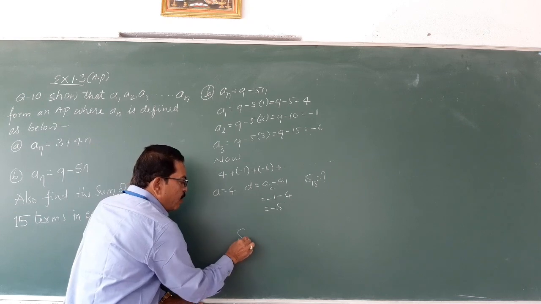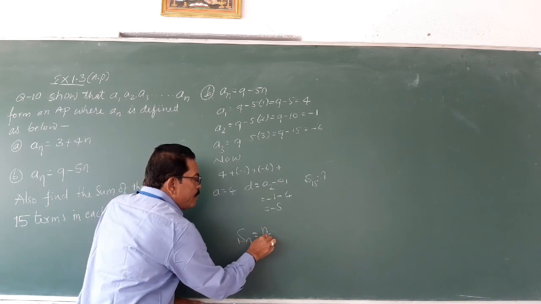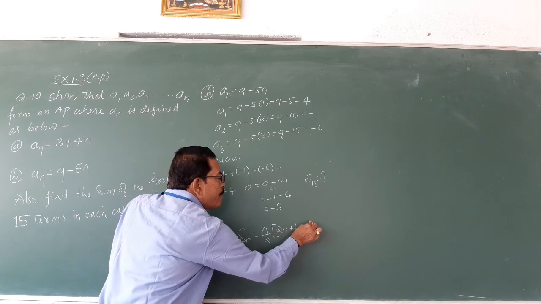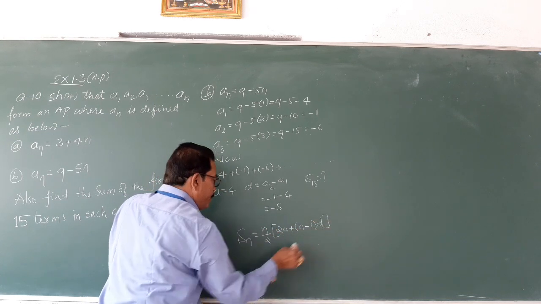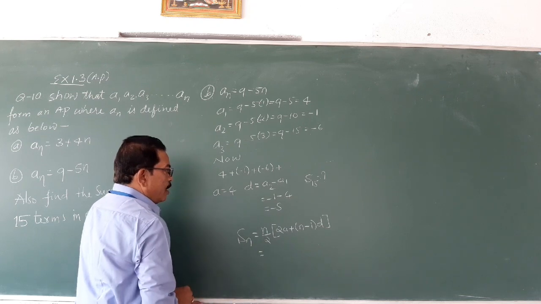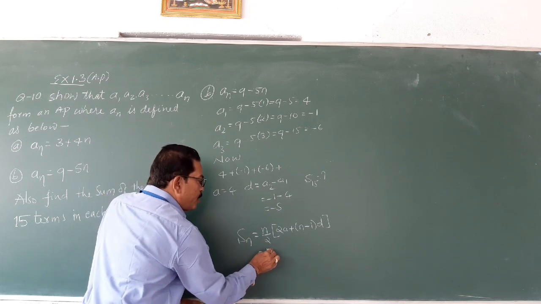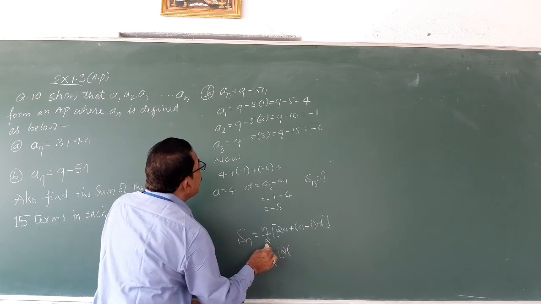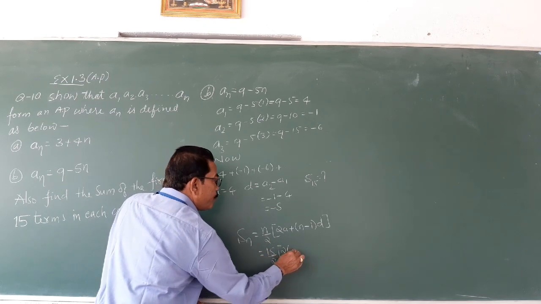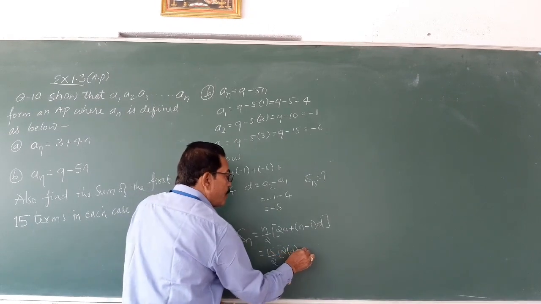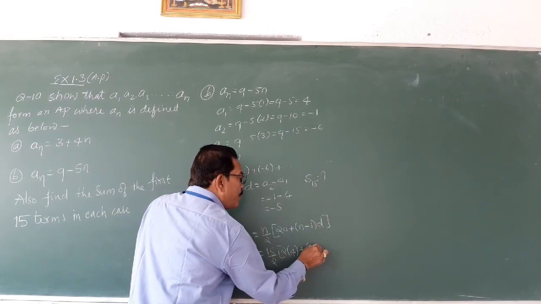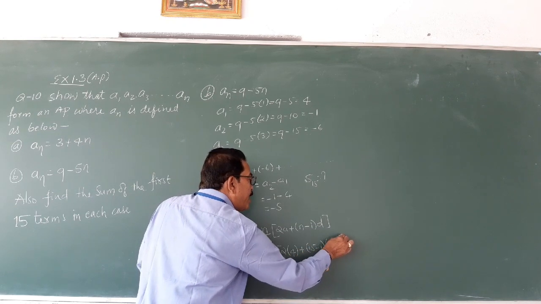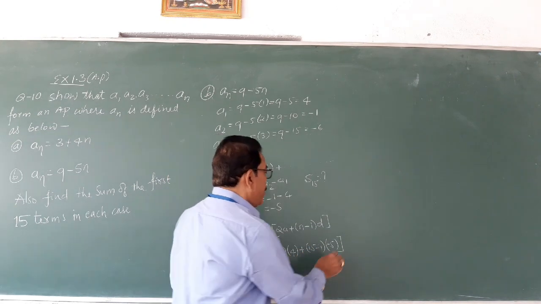Now Sn equals n by 2 in the big bracket 2a plus n minus 1 into d. n is 15, so 15 by 2, 2 into a is 4, plus 15 minus 1 into d, that is minus 5. Bracket close.